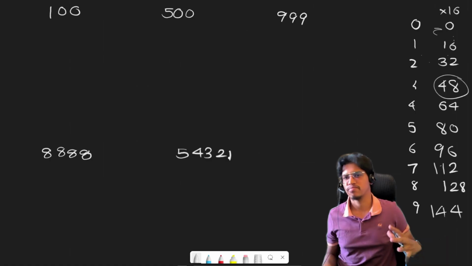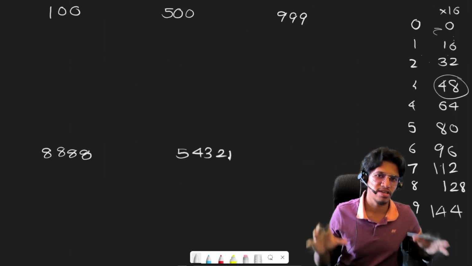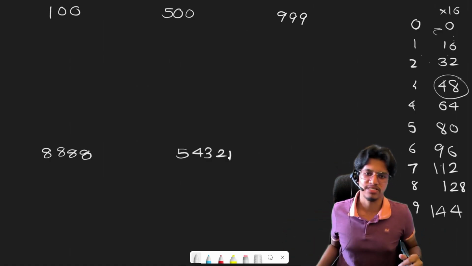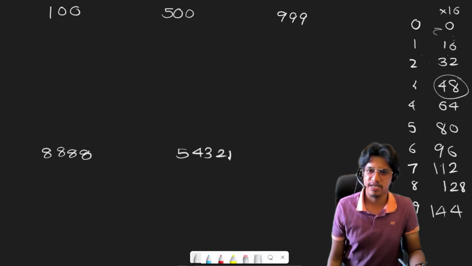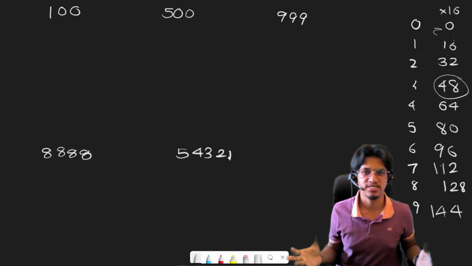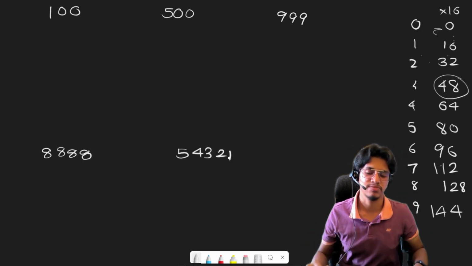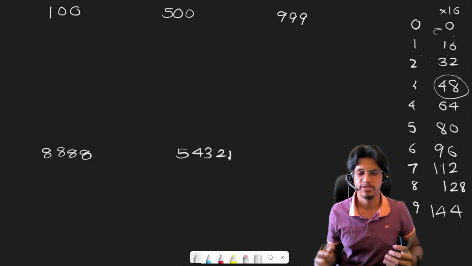I just want to put some larger values because the number of digits are larger, the base is larger in the hexadecimals, so the space taken or the calculation is very short, right?